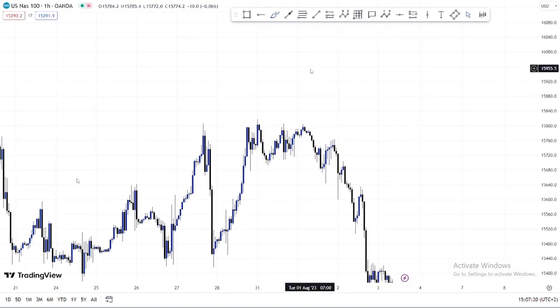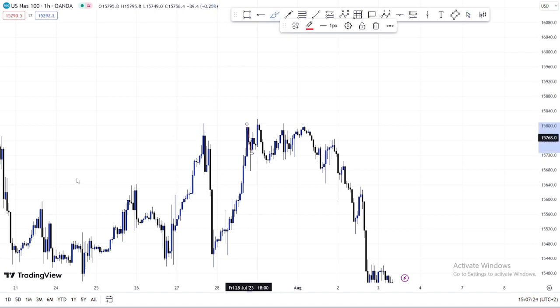Let's see what happened here. The market dropped, we created a base and a drop, and the market returned to this base, but then it did not break the base. So what we did was a rally, a base, and another rally.